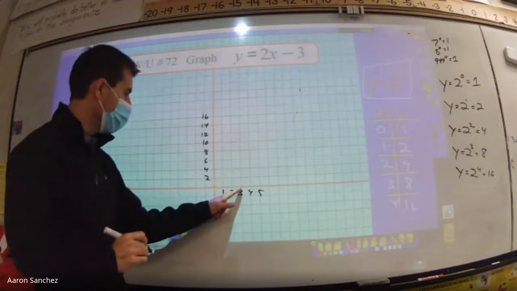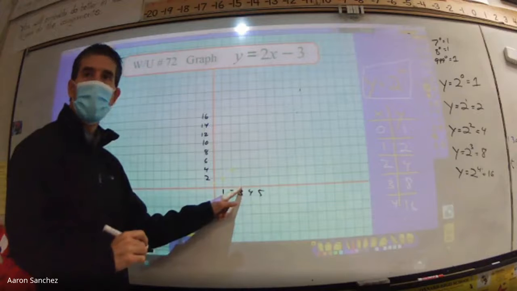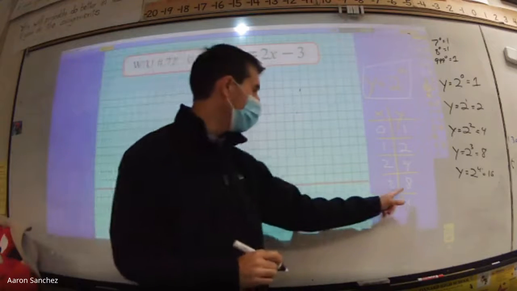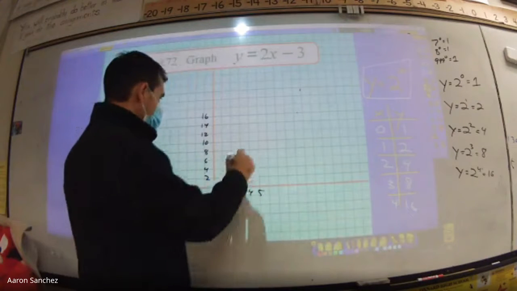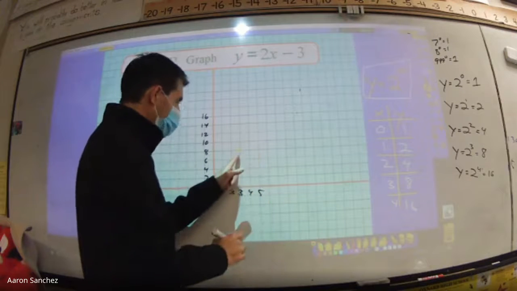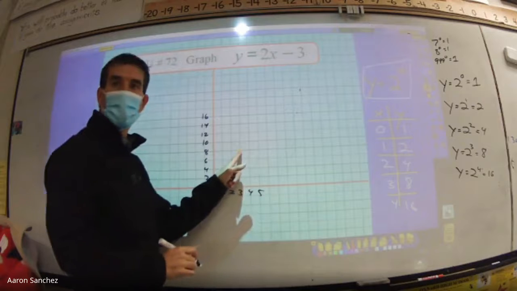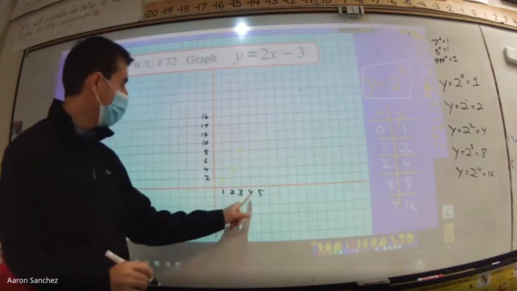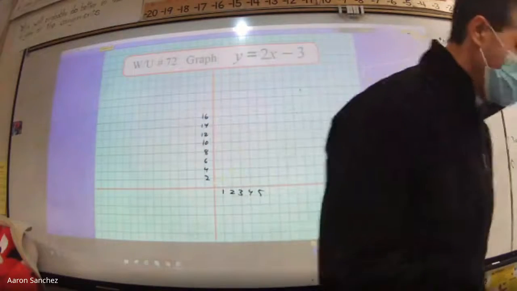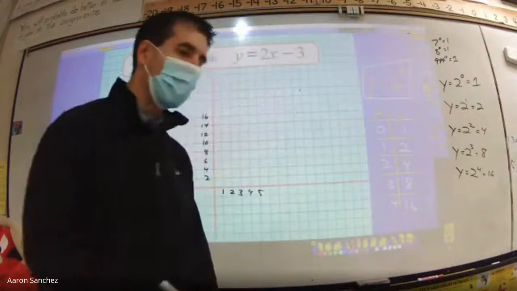Watch how fast it goes up when it's 3. Daniel, when x is 3, what's y? 8, right? We go up to 8. Look how high it's going up. It's starting to go up really fast. Now, finally, when x is 4, what's y going to be? Austin, when x is 4, what's y going to be?